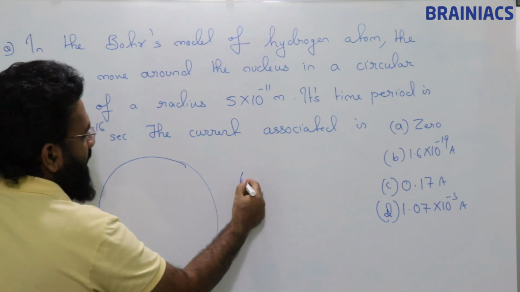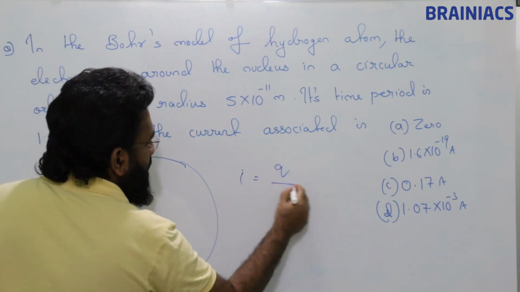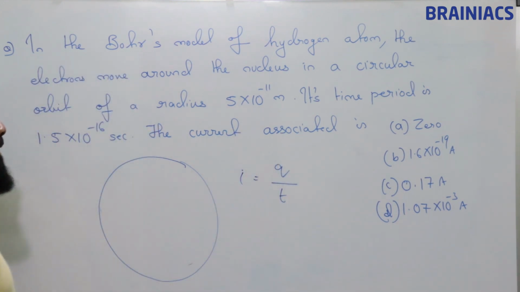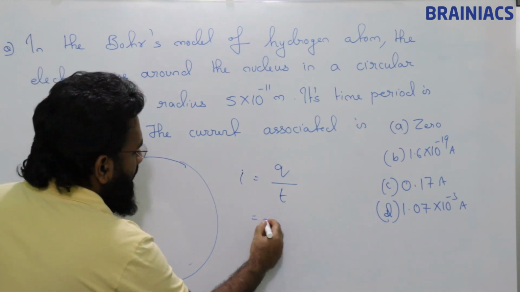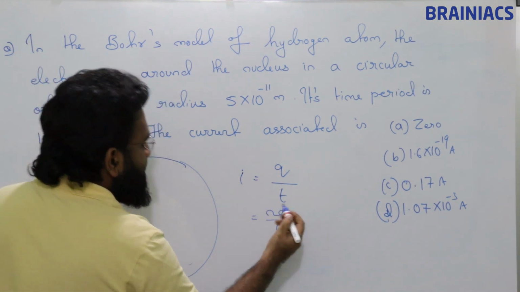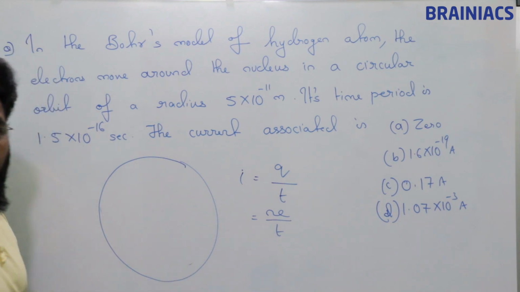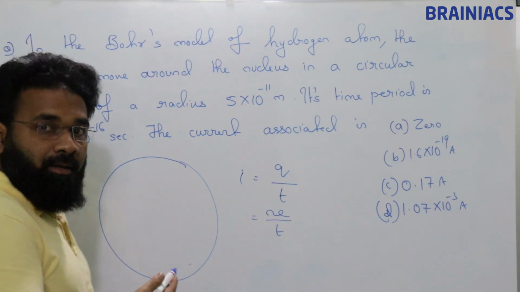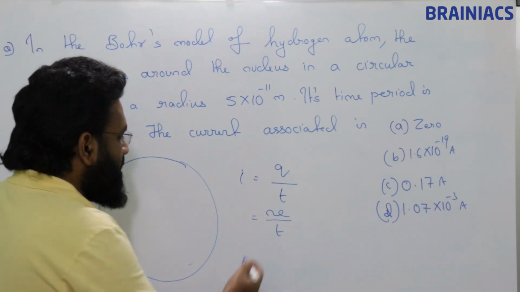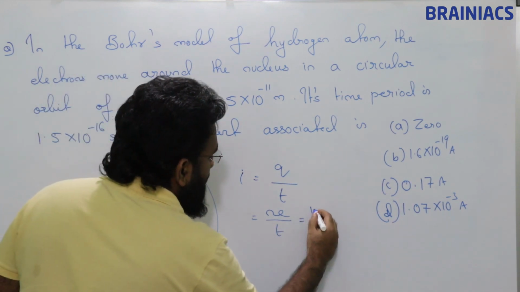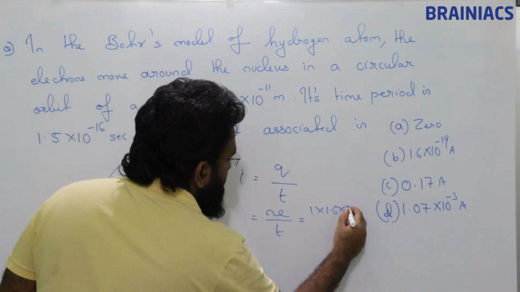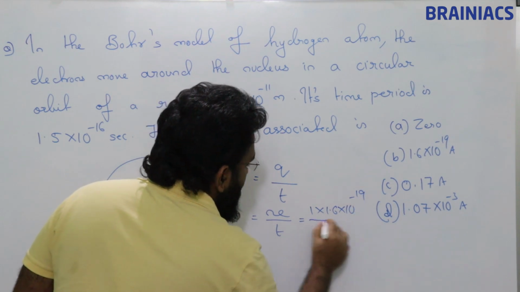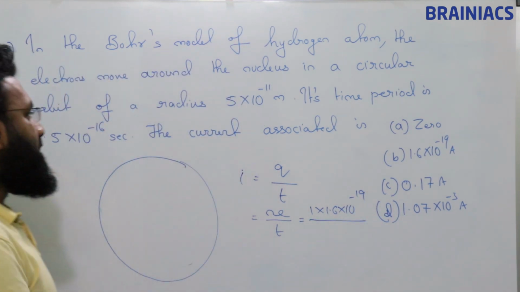So again I is equal to Q by T. What is Q here? NE by T. So how many electrons are there in a hydrogen atom? In hydrogen atom there is only one electron. So 1 into 1.6 into 10 raised to minus 19 divided by time. What is the time here?